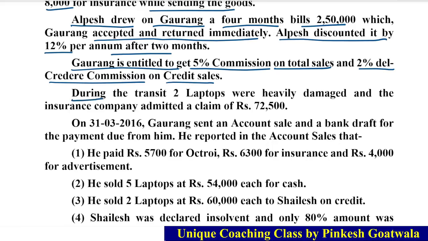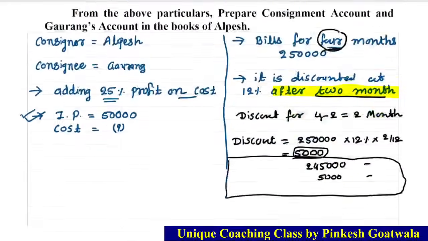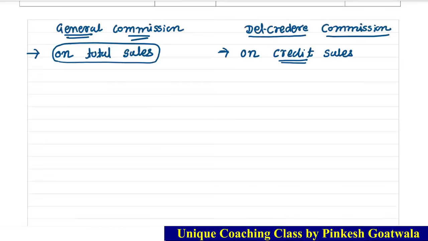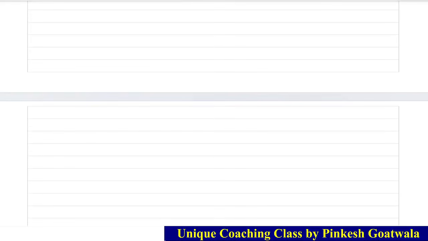Now the next: during the transit, 2 laptops were heavily damaged, and the insurance company passed a claim of 72,500. So here we have to do calculation about the loss on the way. Let's do the calculation here.